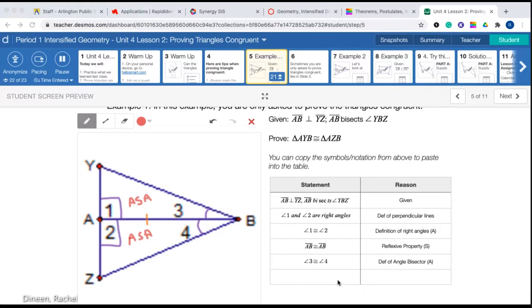So now that I have proven that the triangles are congruent by angle, side, angle, I can finish off my proof. So triangle AYB is congruent to triangle AZB because of angle, side, angle, congruency postulate, or you can just say angle, side, angle. All right, so between the proofs that we've done in the past and these, I actually think these are a little bit easier because you already come up with a plan beforehand.